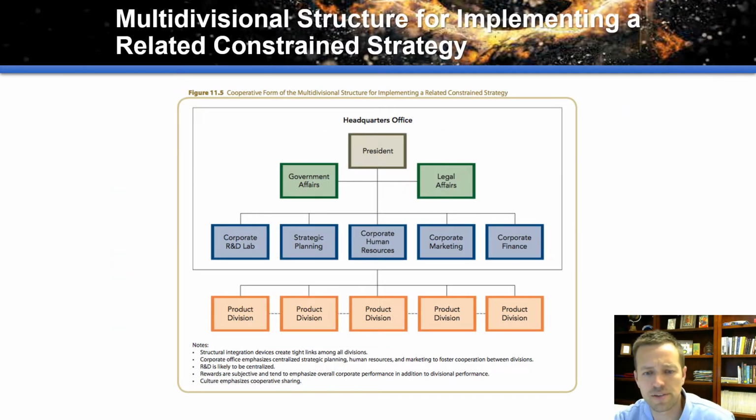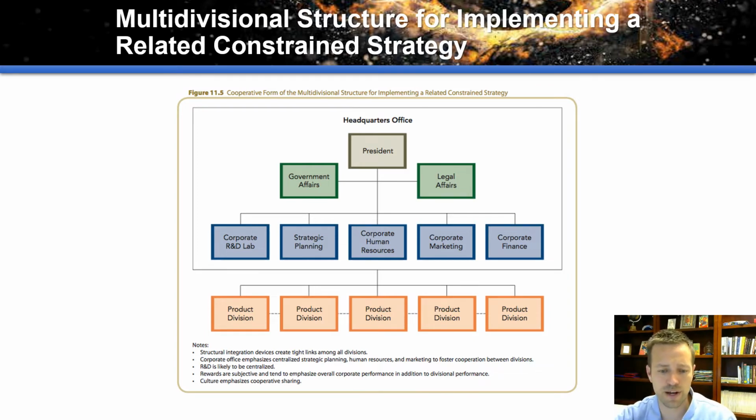All right, so it doesn't say it in the title, but this is the cooperative form. You see that on the heading there beside figure 11.5. But this is the structure that is good for implementing a related constrained strategy. And related means related diversification.